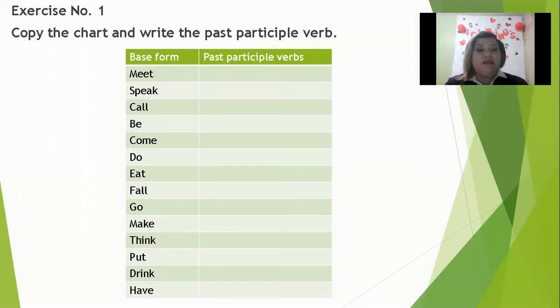So we have meet, speak, call, be, come, do, eat, fall, go, make, think, put, drink, and have. And you can take the Top Notch book number 2 and see page 4 for the chart of irregular verbs. You can use this page to help you do this exercise.